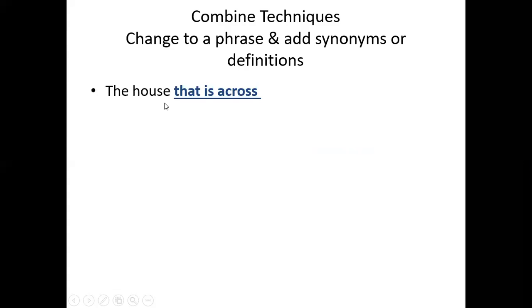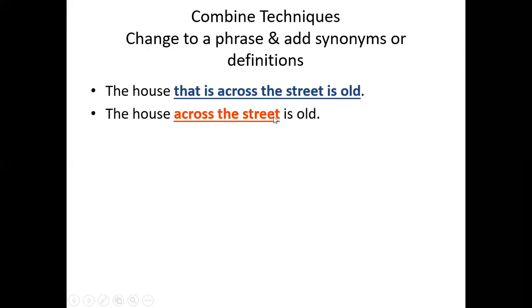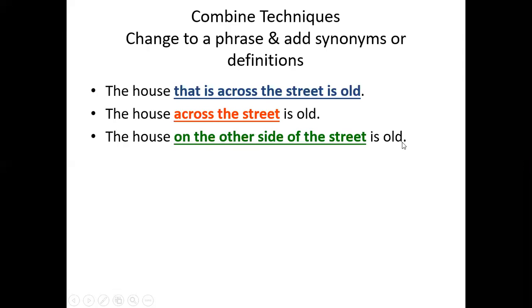This is another example. The house that is across the street is old. How can we say it? The house across the street is old. Another example would be the house on the other side of the street is old.